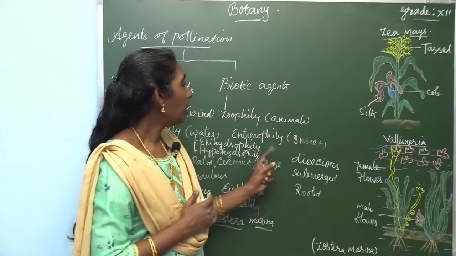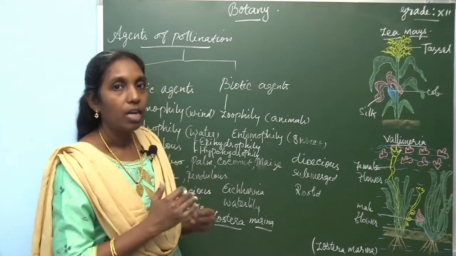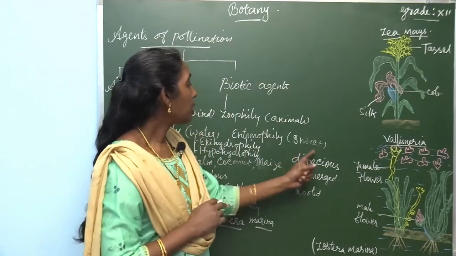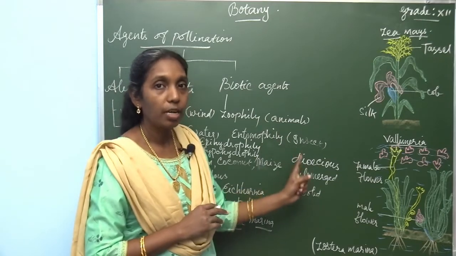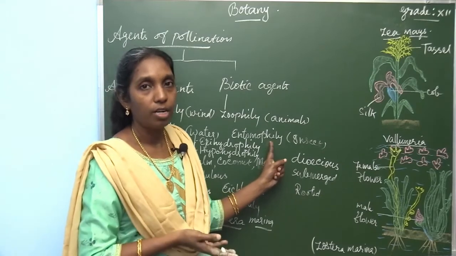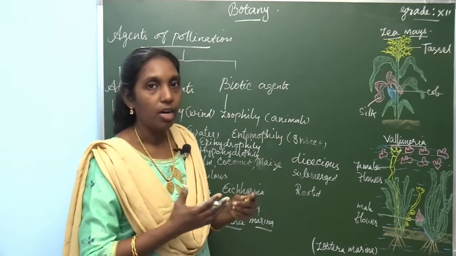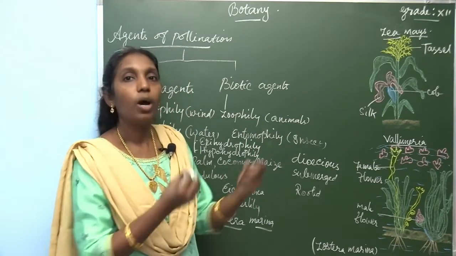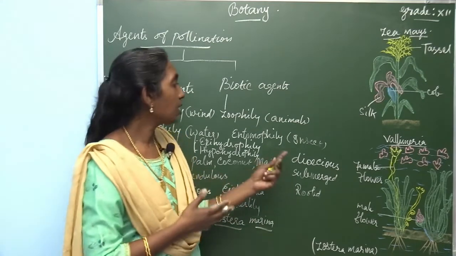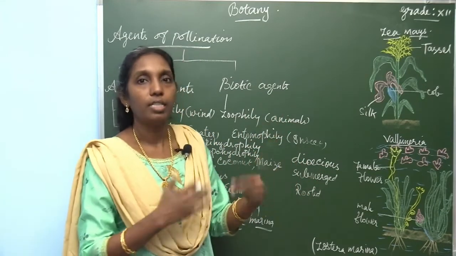Insect pollinated flowers are called entomophilous flowers. Pollination by insects is called entomophily. These flowers are brightly colored to attract the animals, and also provide shelter and food to these agents. Let us see these biotic agents, zoophily, in the next class.